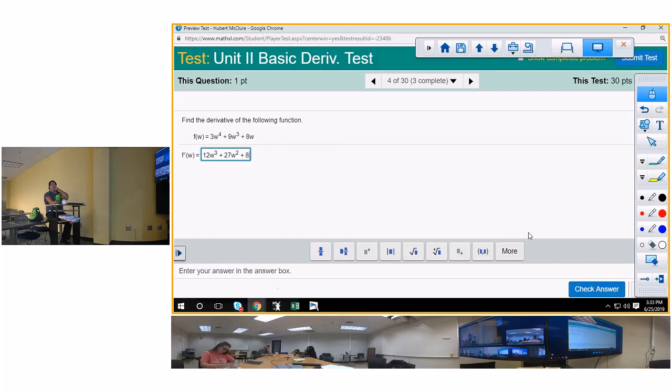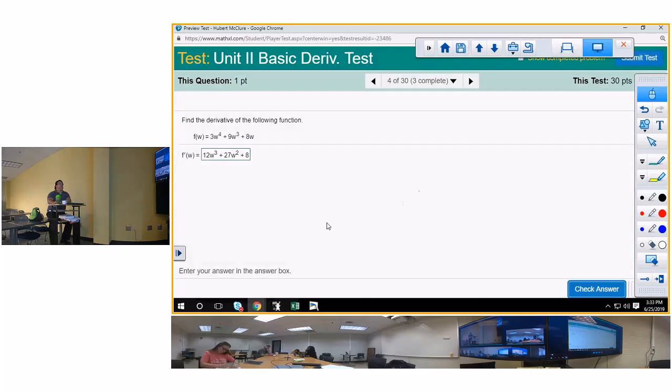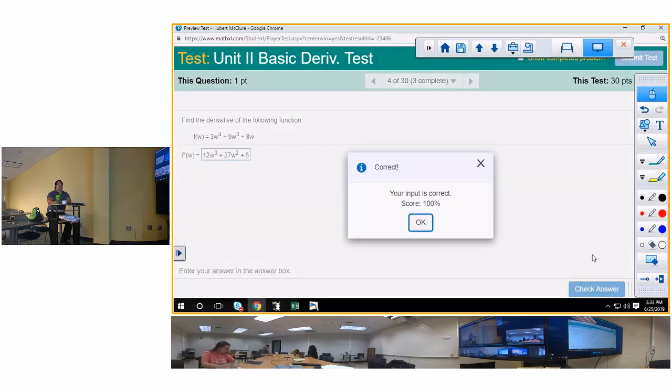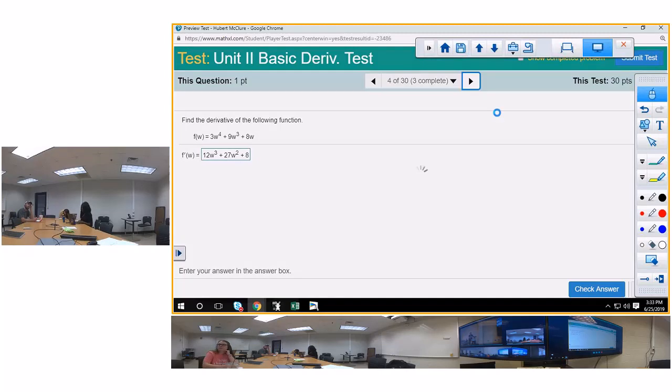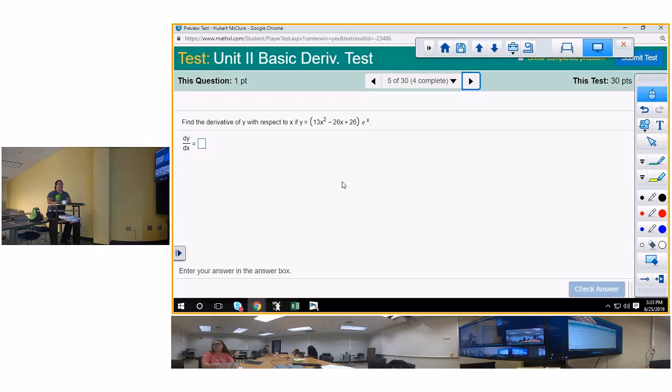Yep. There we go. Find the derivative of y. Find y prime. How do they have to? That pisses me off. Try to screw with your brain.